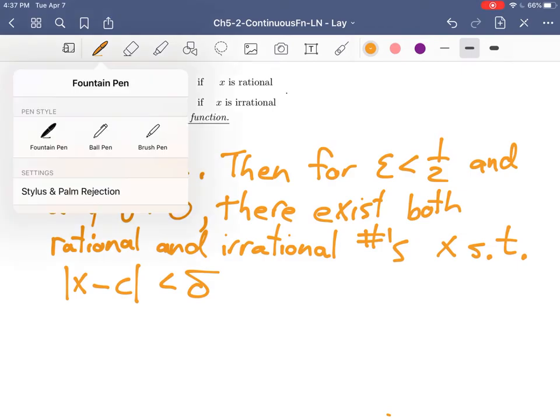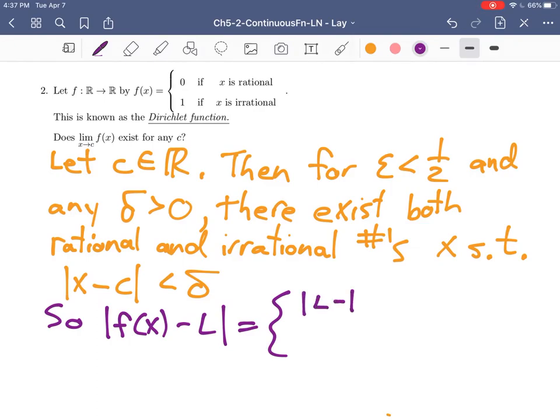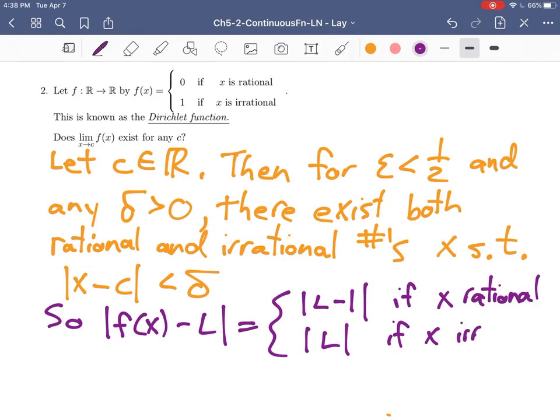So what does that tell us? The absolute value of f(x) minus L, if there is this limit, would be the absolute value of L minus 1 if x is rational, and it's going to be the absolute value of L if x is irrational.